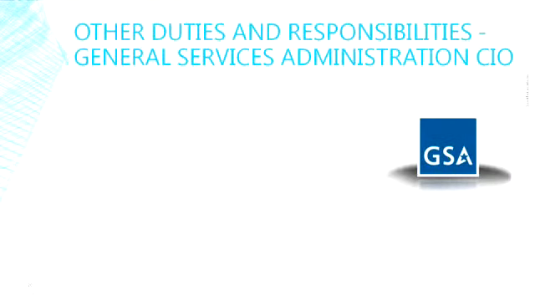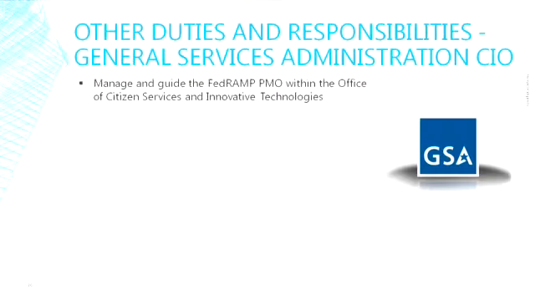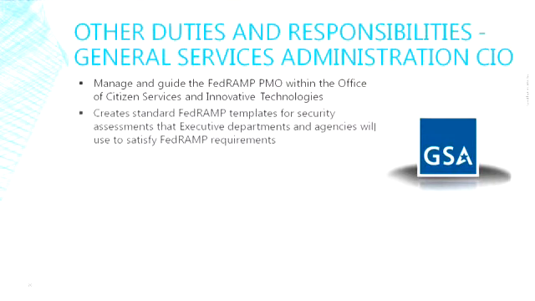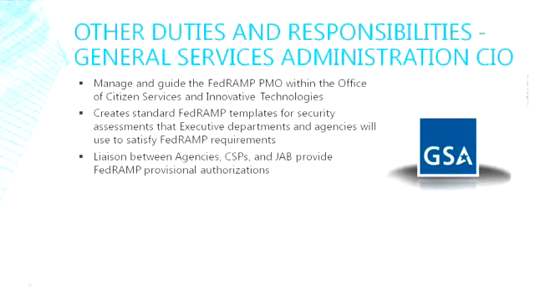The GSA CIO also has additional responsibilities, which include the management and guidance of the FedRAMP Program Management Office, the establishment of standard FedRAMP templates. They must act as a liaison between agencies, cloud service providers, and the JAB.